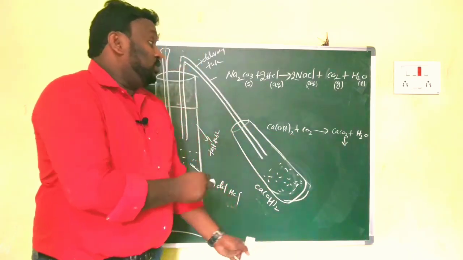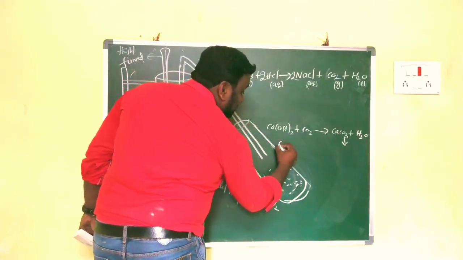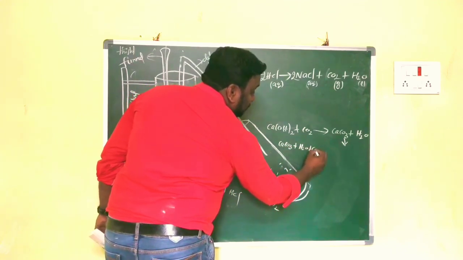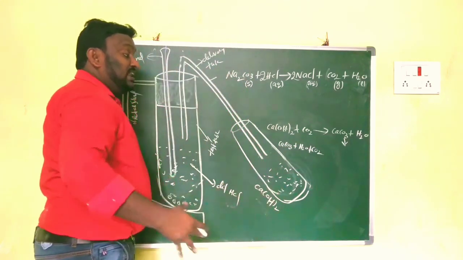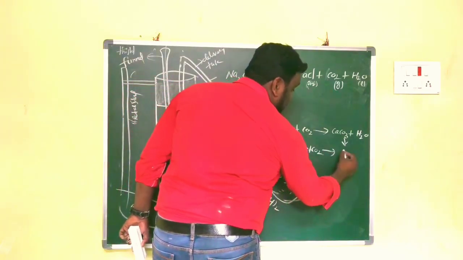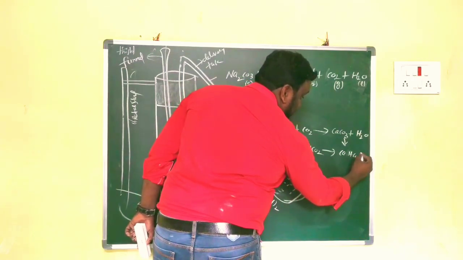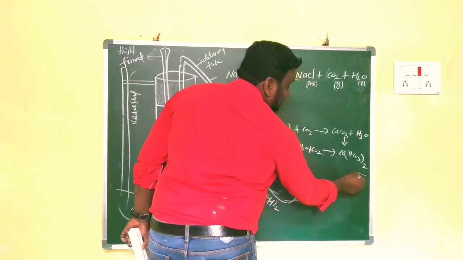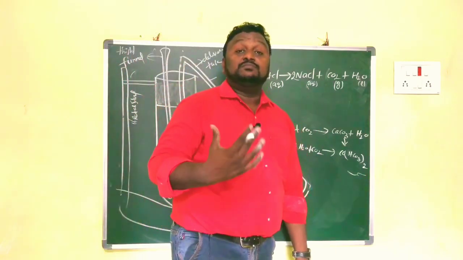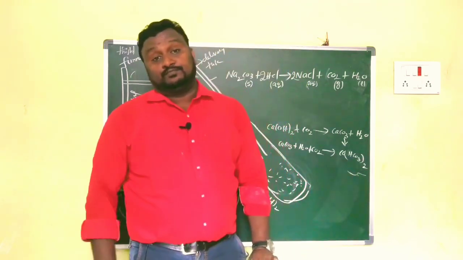So again to make them dissolve, here we have to add some more CaCO3 plus H2O plus CO2. For that, if we add some more carbon dioxide, then what do we get here? Ca(HCO3) taken twice will be formed. That means calcium bicarbonate will be formed. Now this is going to be dissolved.